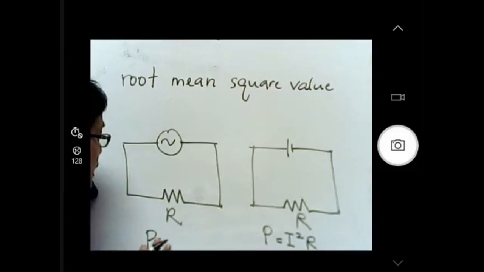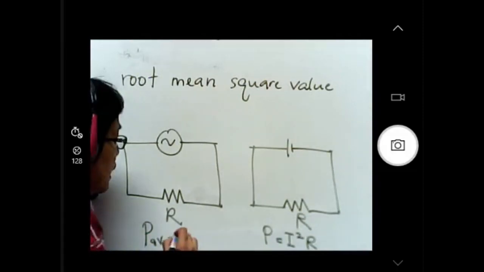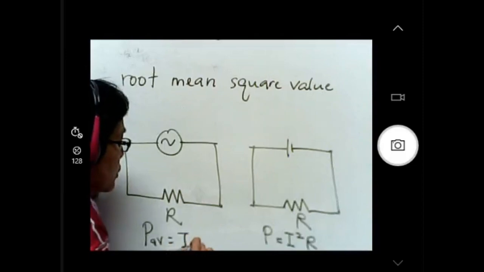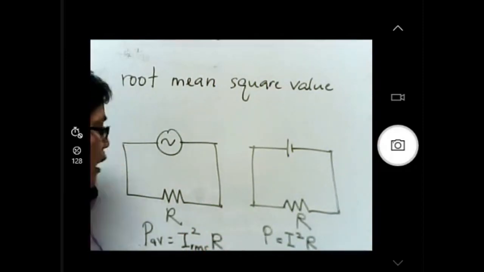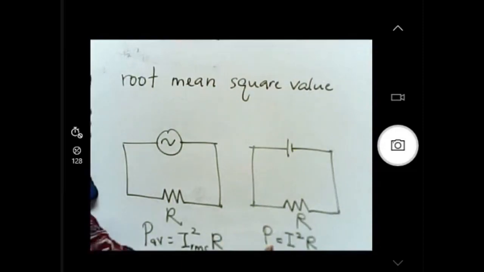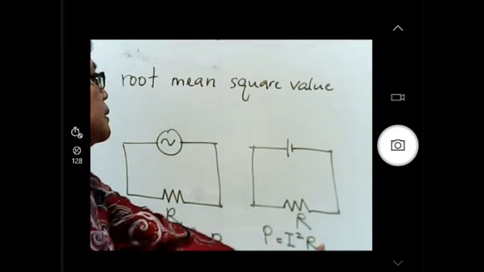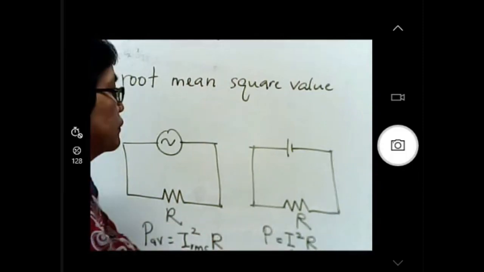Here we call it average power because the value of power also varies. So average power here is also equal to I root mean square squared multiplied by R. If you are using the same power and the same resistor, we can calculate the value of current.